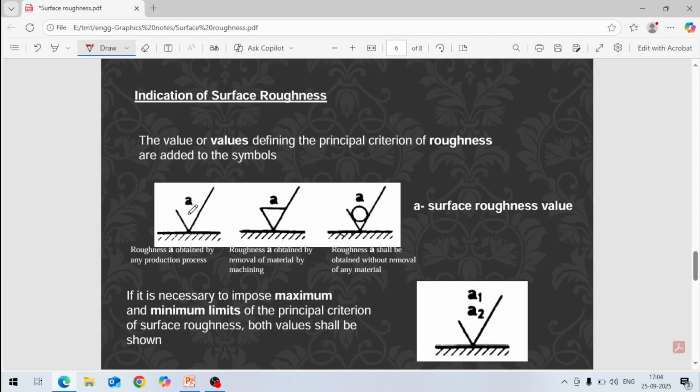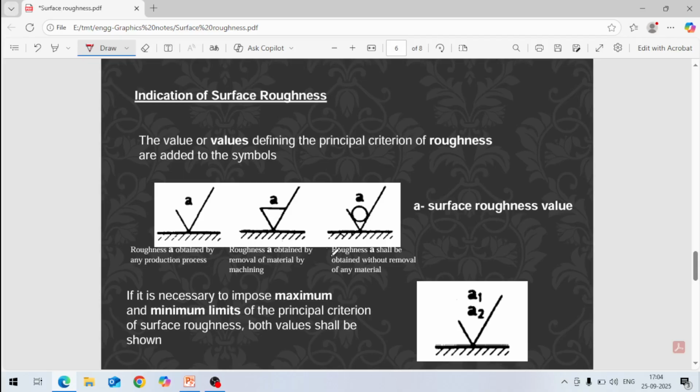If it is open from the top, you just give the value here, how much is the roughness. And if it is a machined surface, then this triangle is closed like this, and the value is written here.